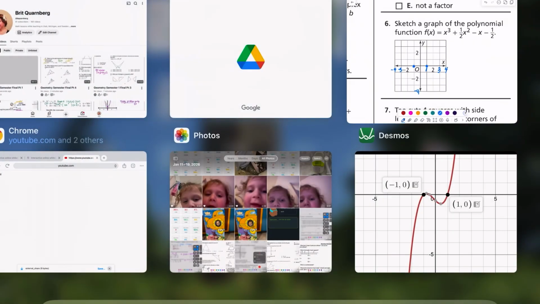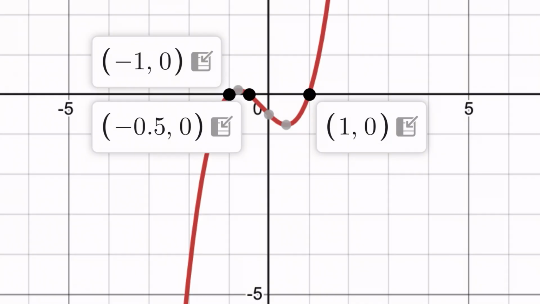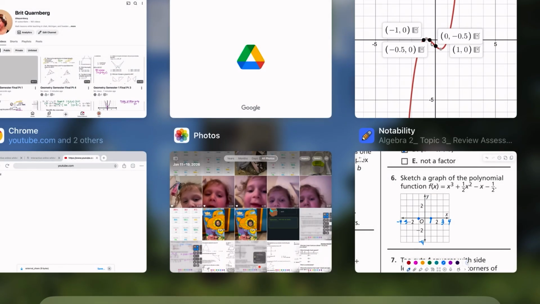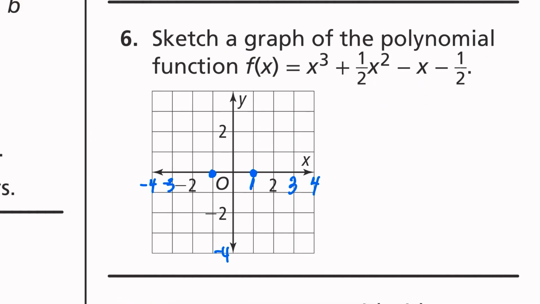Then I have -1/2 on the x-axis and -1/2 on the y-axis, or -0.5. So -0.5 here and -0.5 there. And then if you want to, from this point, you can just start making it curvy.